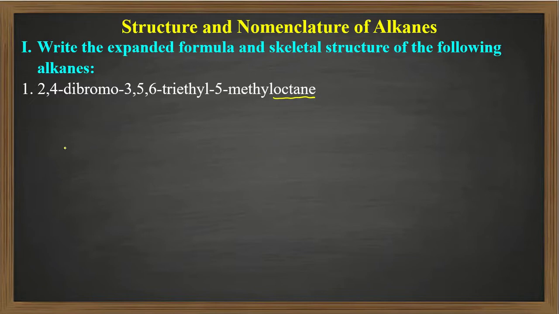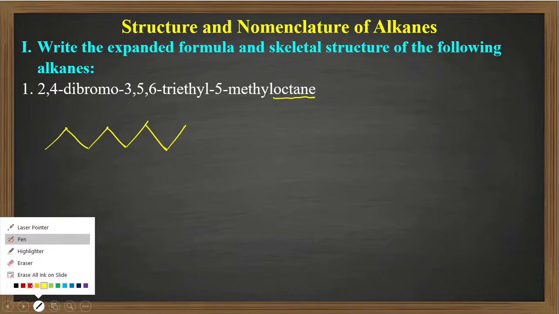That means yung longest chain natin contains 8 carbon atoms. So, let's first draw that one. We will have the skeletal structure first. We have here 2, 3, 4, 5, 6, 7, and then we have here 8. Okay? So, you have now the liberty kung saan nyo ilalagay yung carbon number 1 ninyo.